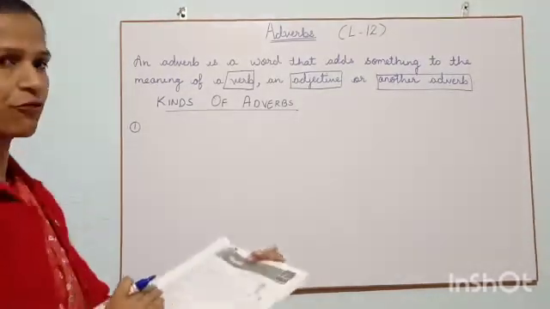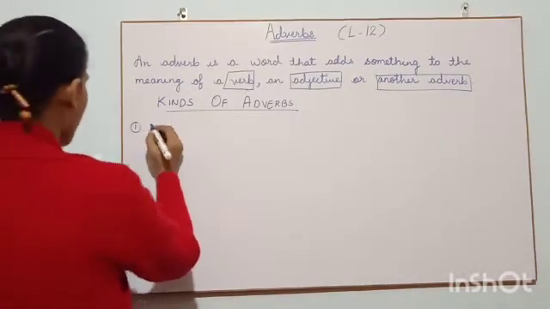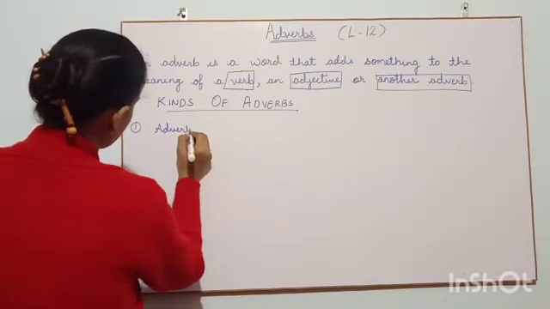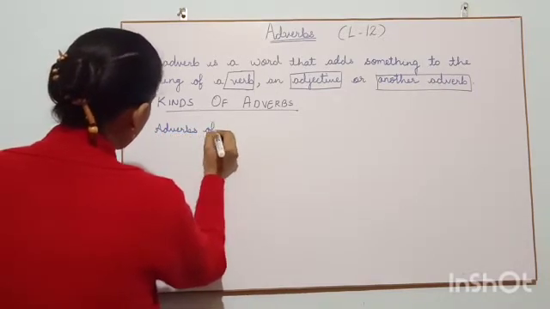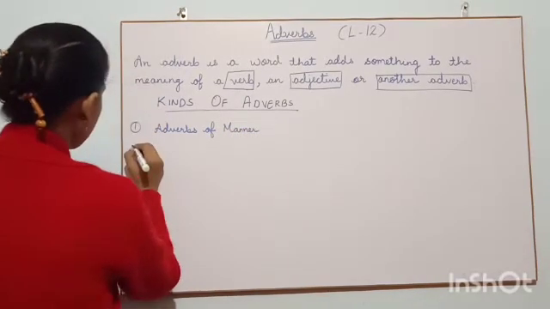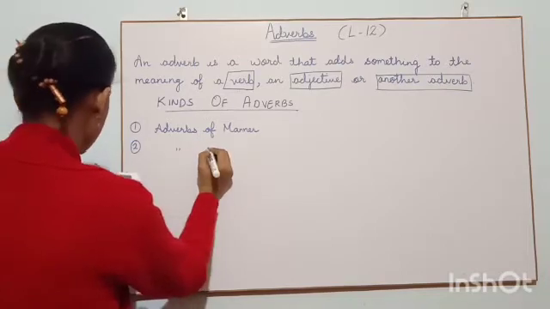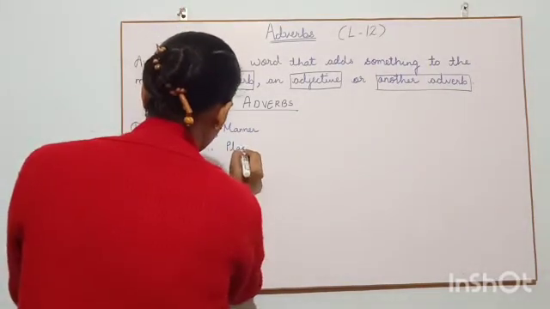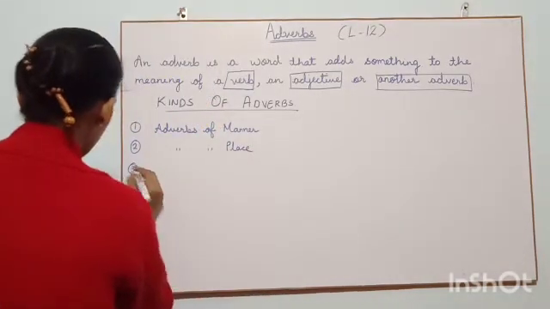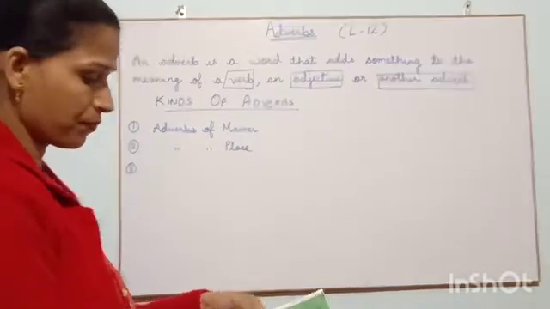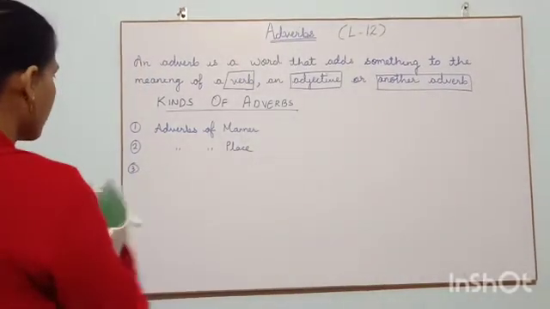We will begin from the first one, adverbs of manner. Secondly, we have adverbs of place. Thirdly, when you turn your page, you will get another adverb, adverbs of time.